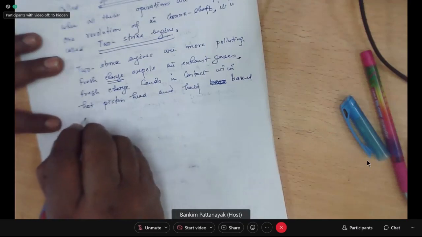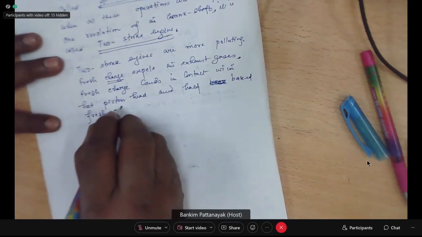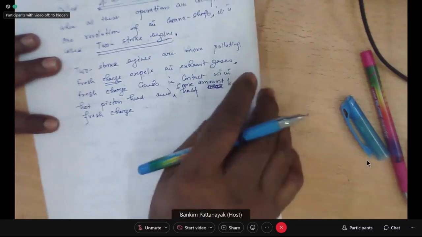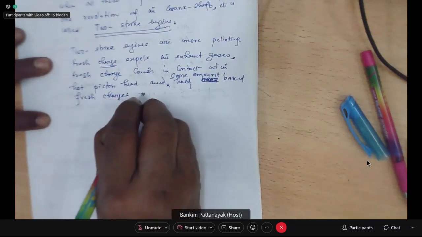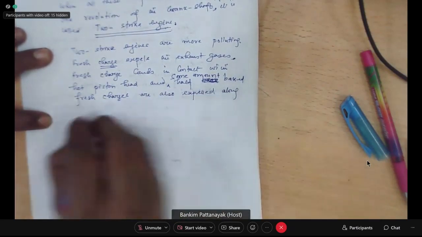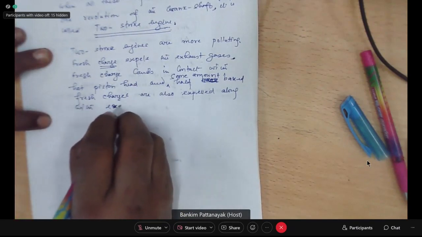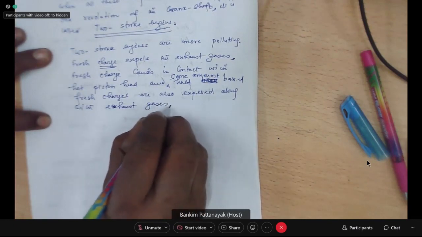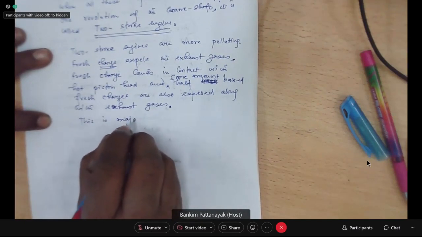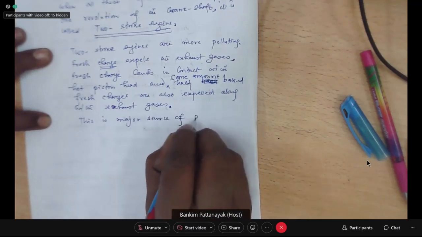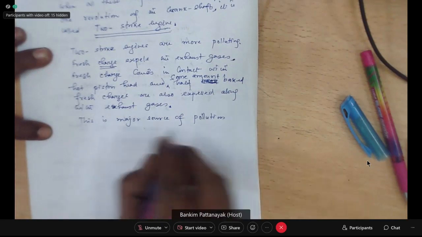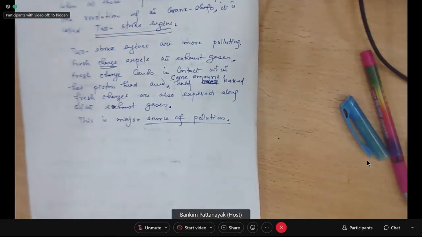And the half-baked fresh charges, some amount, not all, some amount of half-baked fresh charges are also expelled along with exhaust gases. This is the major source of pollution.